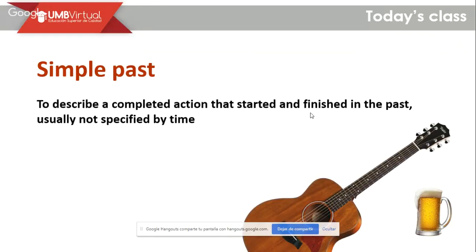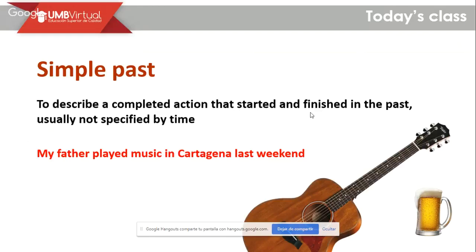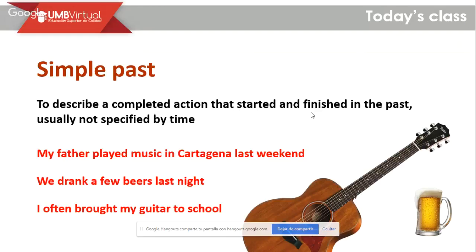So, simple past is used to describe a completed action that started and finished in the past, and is usually not specified by time. For example, my father played music in Cartagena last weekend, or we drank a few beers last night, or I often brought my guitar to school.